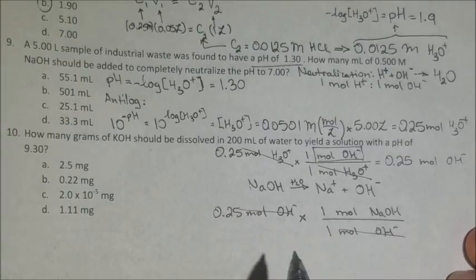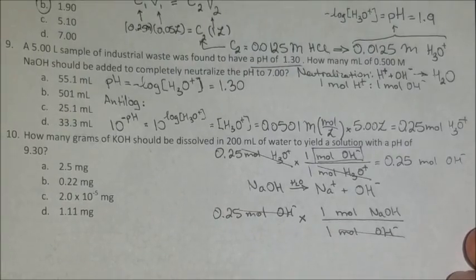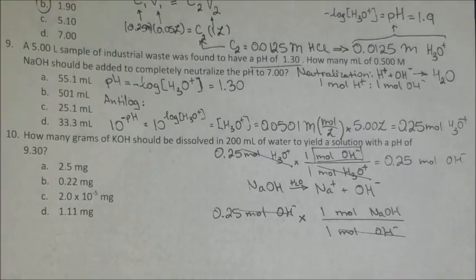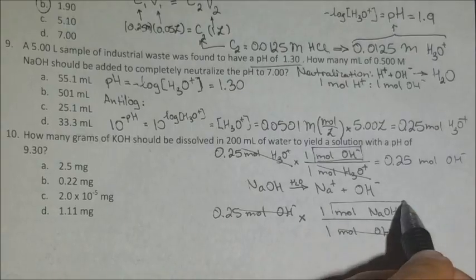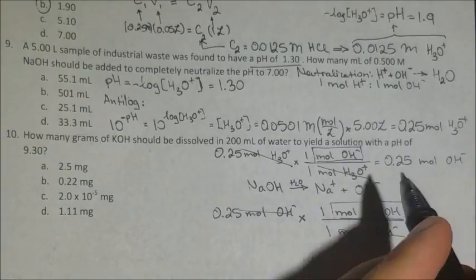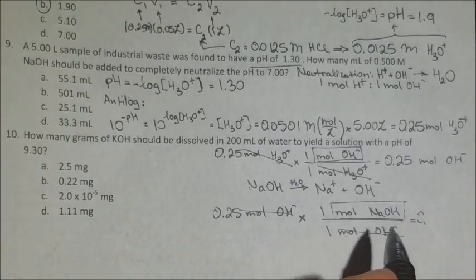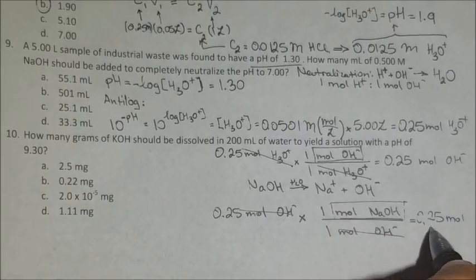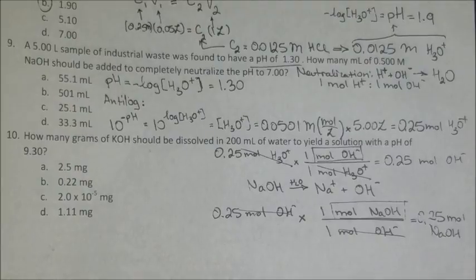You could also do it with a weak base, but the chemistry gets a little more complicated because we have to consider the equilibrium. Here it's very simple because it's a strong base and we can easily conceptualize this relationship. Moles of hydroxide cancel, and now we're in moles of sodium hydroxide. Once again, numbers didn't change, but the units changed.